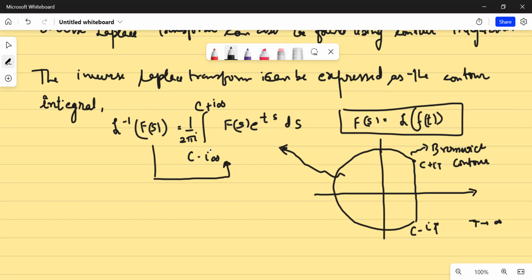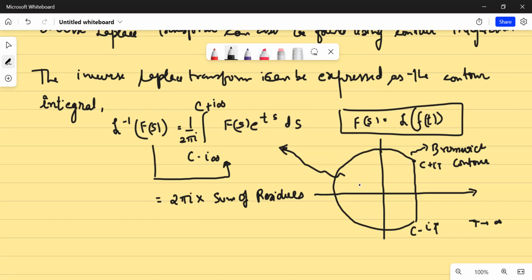And if you remember, what is your contour integration? Contour integration is equal to 2 pi iota into sum of residues for all those isolated singularities which lie inside these contours.